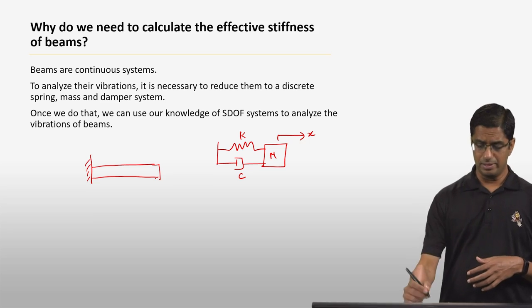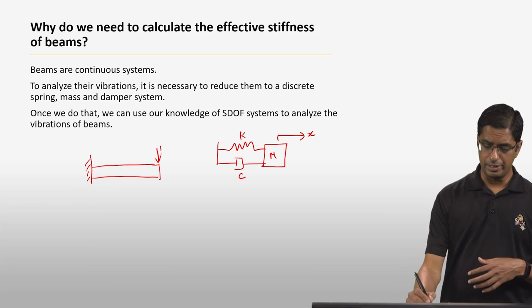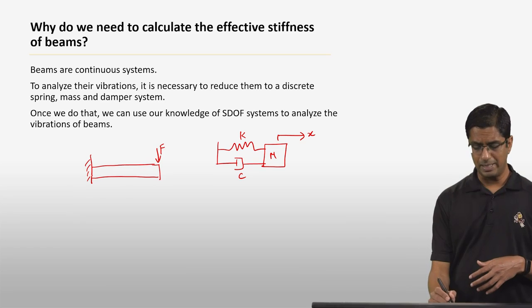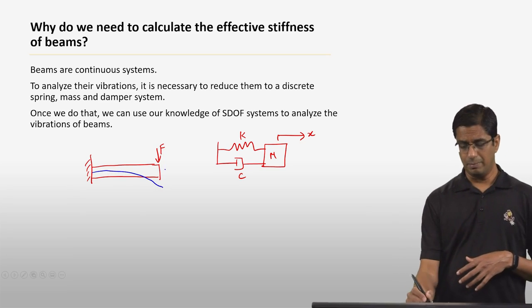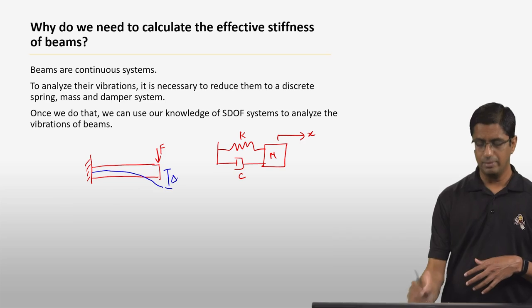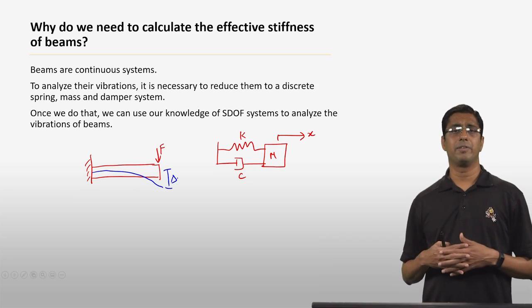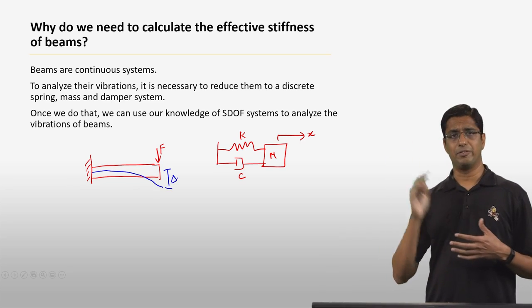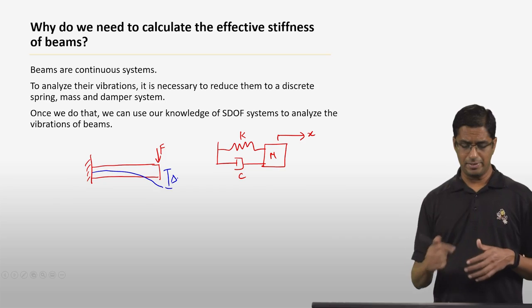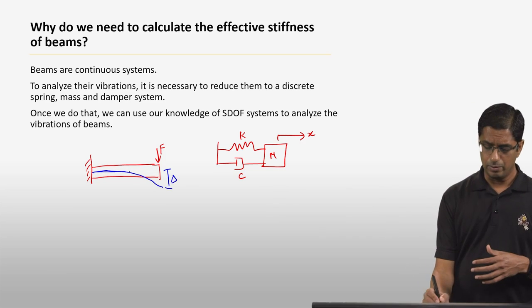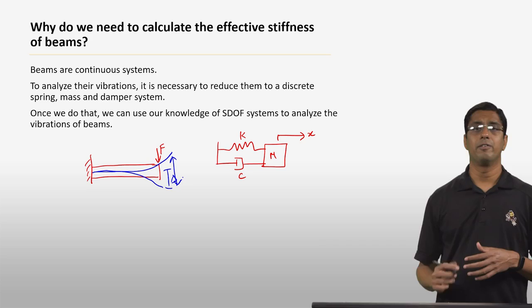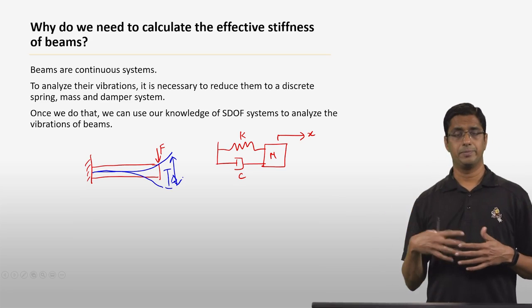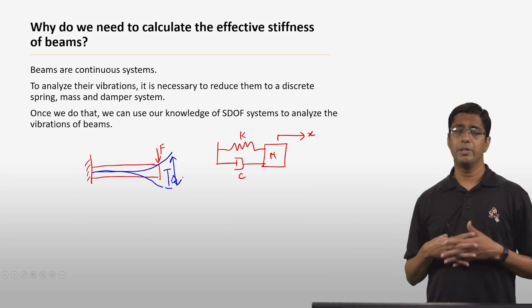One way to do this is to apply a force initially, displace the beam from its initial position and let it deform by some amount delta, and then take off the force. Then the cantilever would go that way, and it will keep oscillating from one position to the other. Essentially, it is going to undergo vibrations.